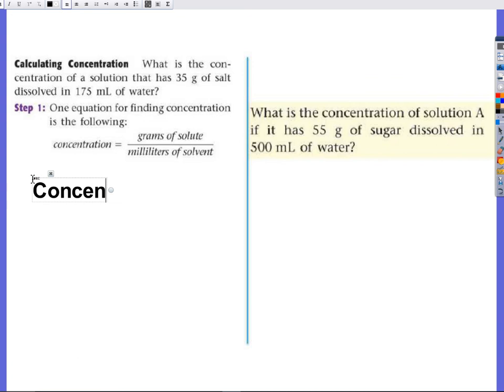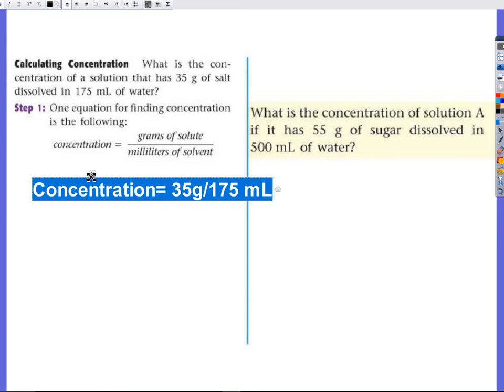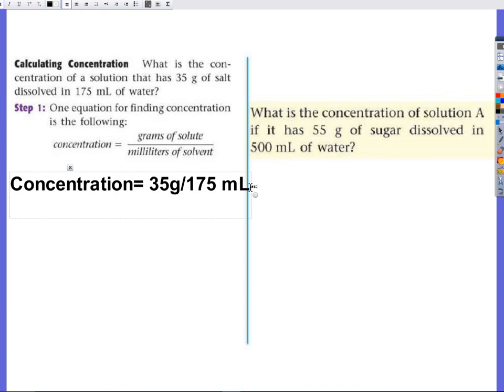So I'm going to say concentration equals 35 grams divided by 175 milliliters. I'm just going to give you 0.2 grams per milliliter.